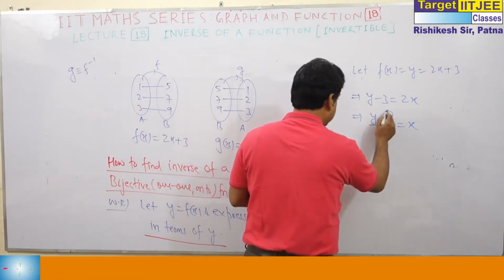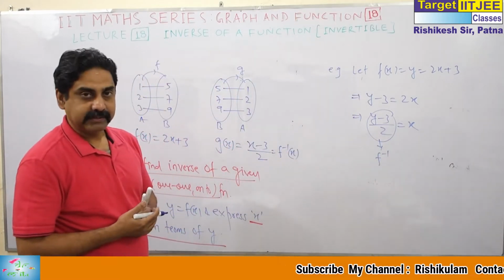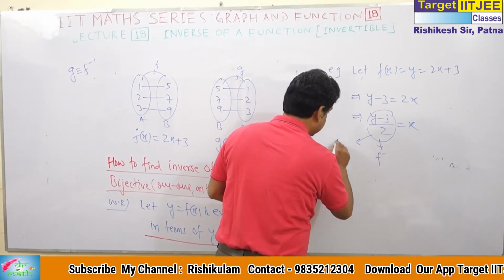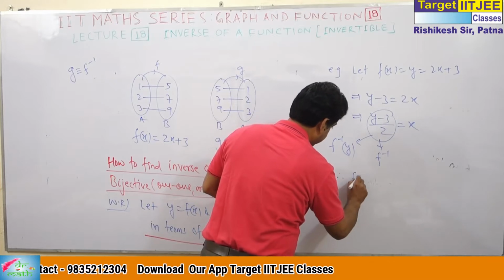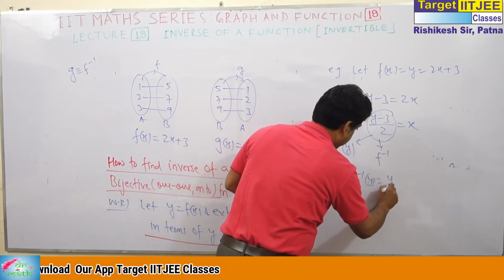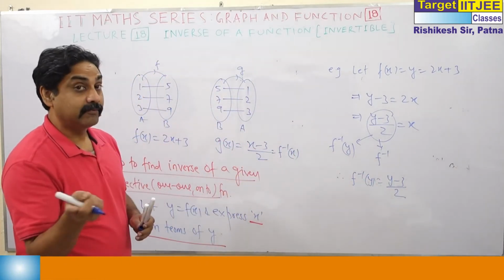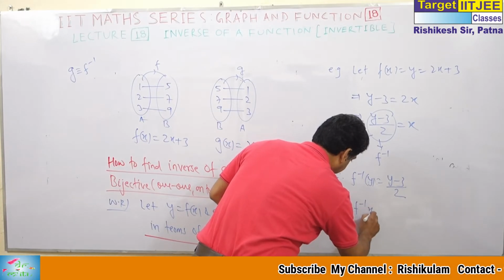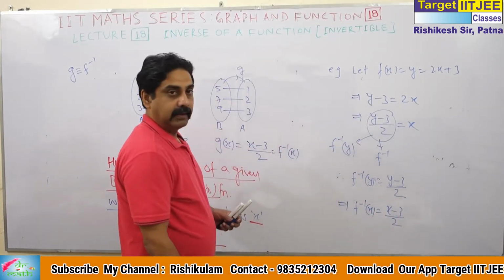Actually, this is your f inverse. It comes in terms of y, so we can say this is f inverse of y, which is (y minus 3) by 2. When we replace y by x, this is f inverse of x, (x minus 3) by 2.